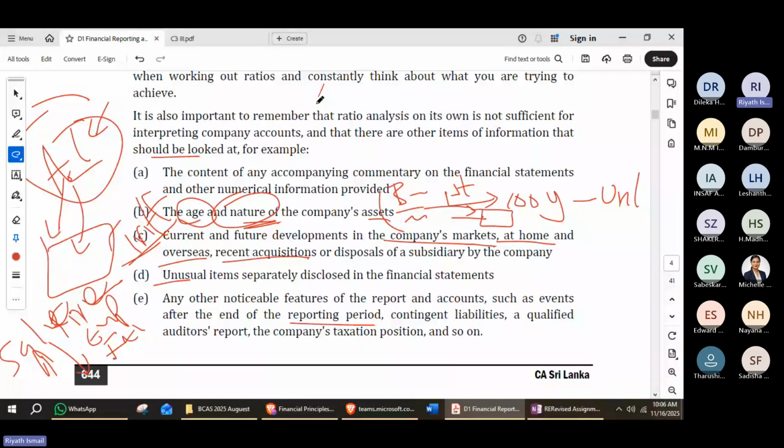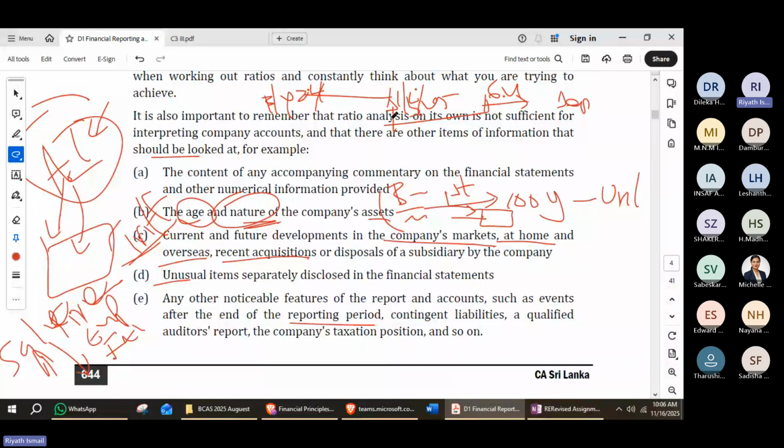Say the financial period is normally 1st of April 2024 to 31st of March 2025. The report can be published within 6 months. 6 months means April, May, June, July, August, September, right? September.